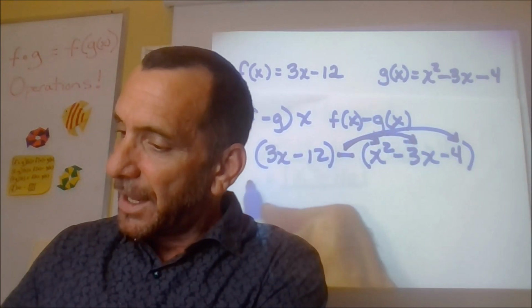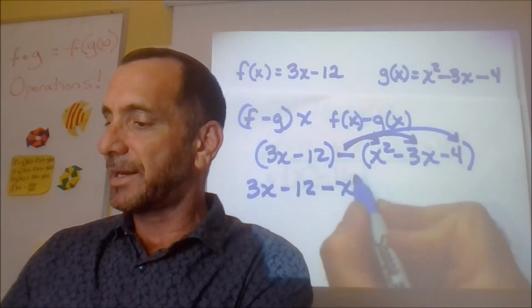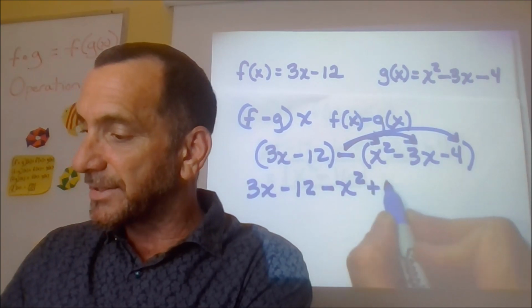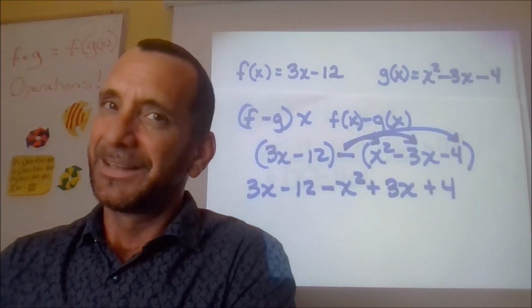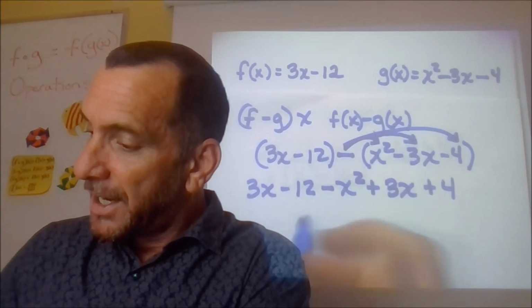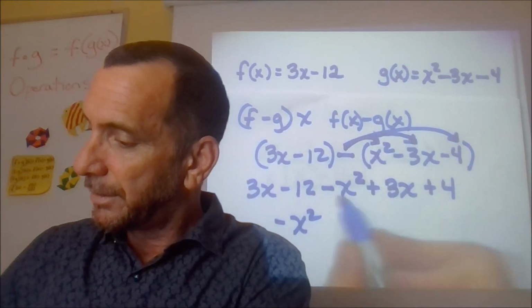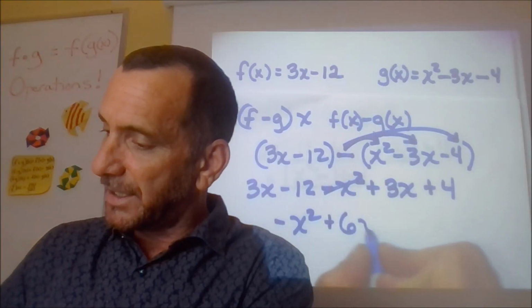So let's do it. 3x minus 12 minus x squared plus 3x plus 4. Let's do some combining of like terms. Here we go. Negative x squared. Got that one done. 3x plus 3x is plus 6x.